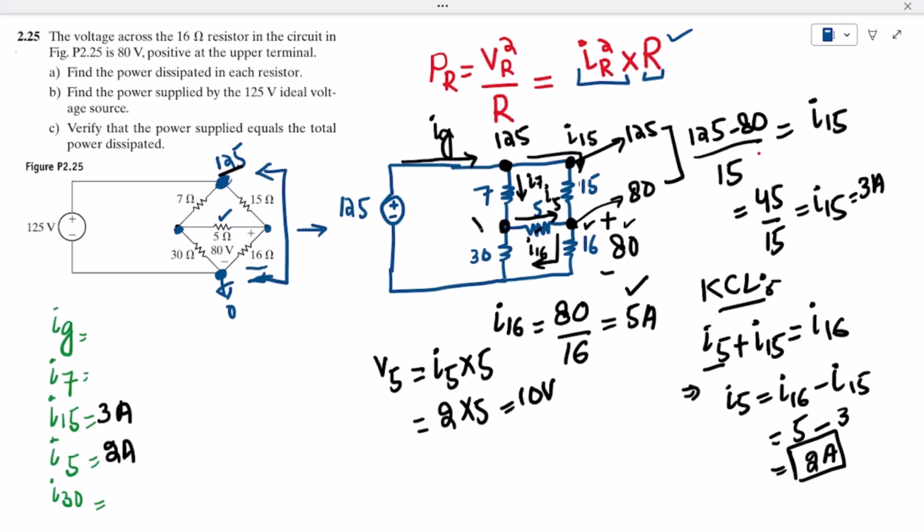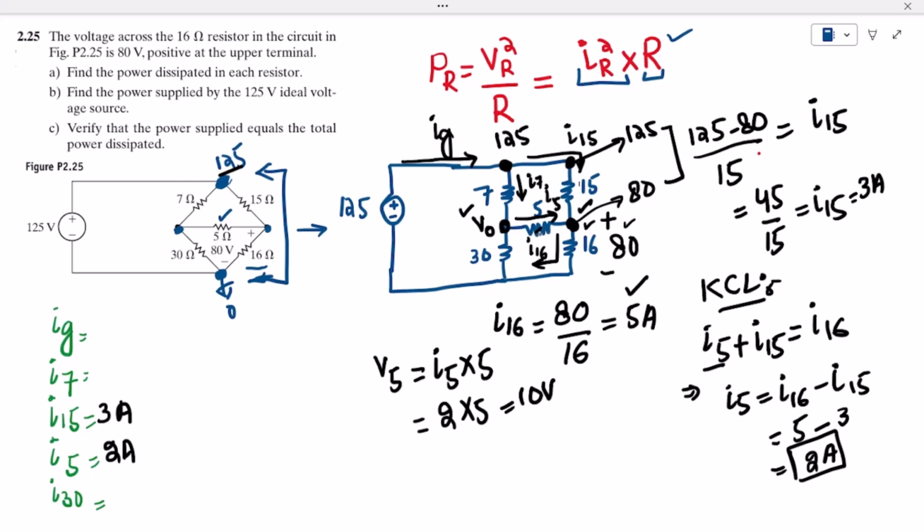Let me call the voltage at this point V0. So the potential difference across this resistance is what? That is V0 minus the voltage here, which is 80. Now, this one is the applied voltage, and this is the voltage which remained after the voltage consumed from it. So V0 minus 80 is the voltage remaining here, the applied voltage, and this is equal to the voltage which is consumed.